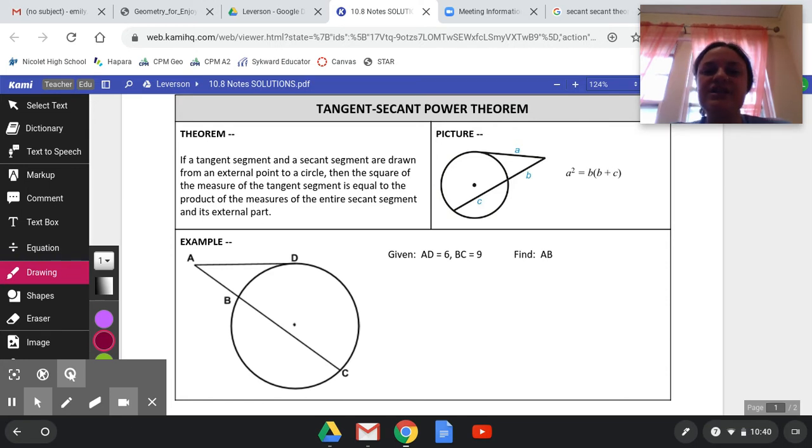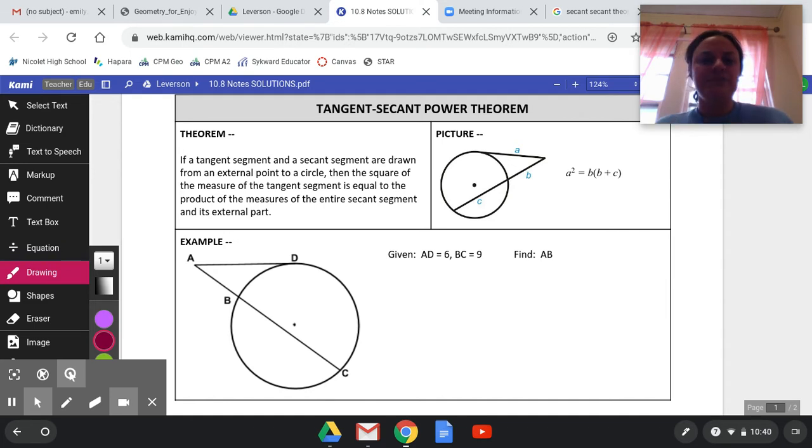The tangent segment, if you take that and you square it, is equal to the external part of the secant segment times the full length of the secant segment.